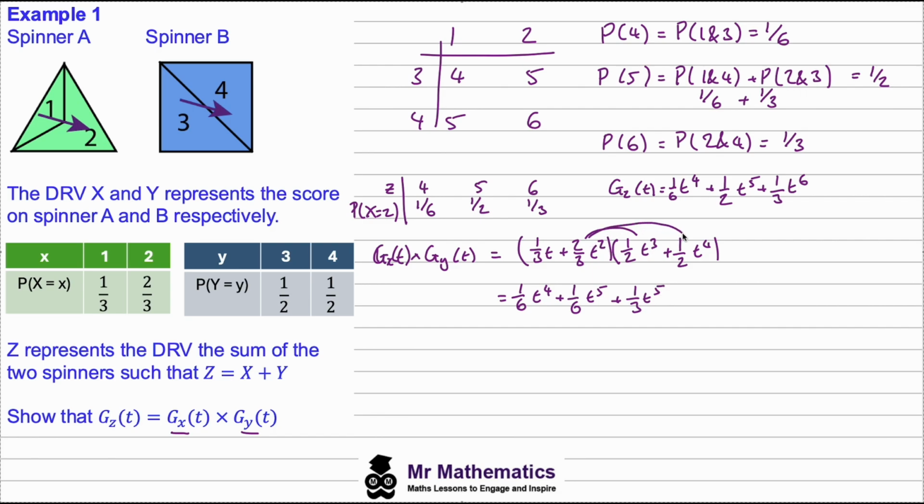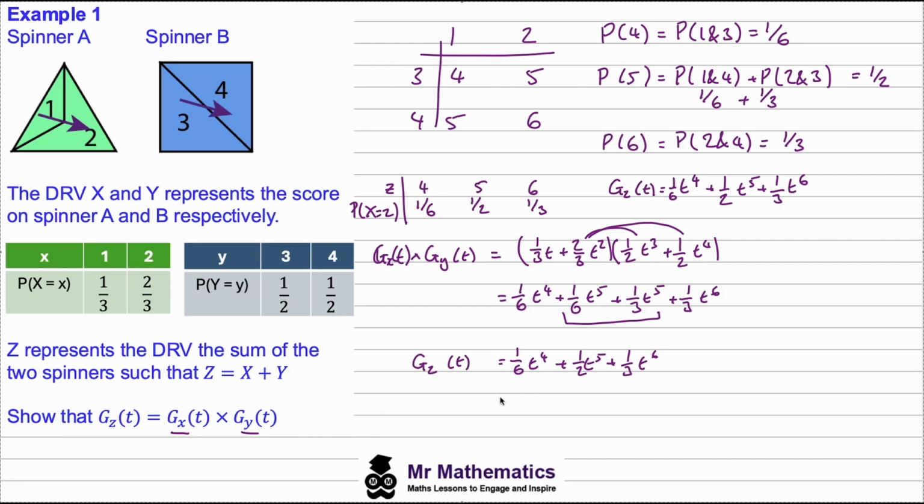And then the final pair, and we'll get 1/3 t to the 6. And we can collect these two together. So we'll have 1/6 of t to the 4 plus 1/2 of t to the 5 plus 1/3 of t to the 6. And this is the generating function of Z in terms of t.